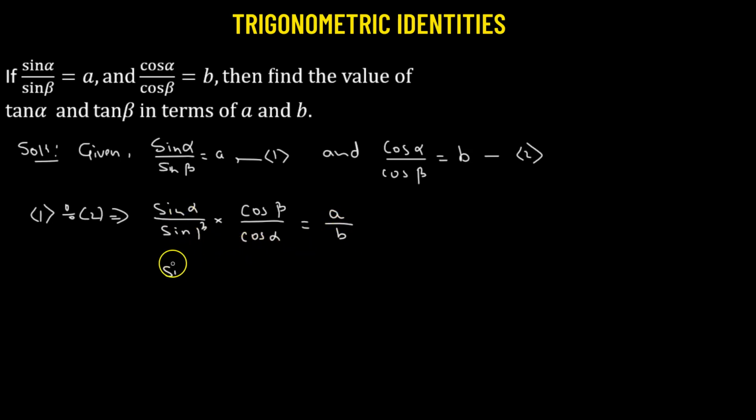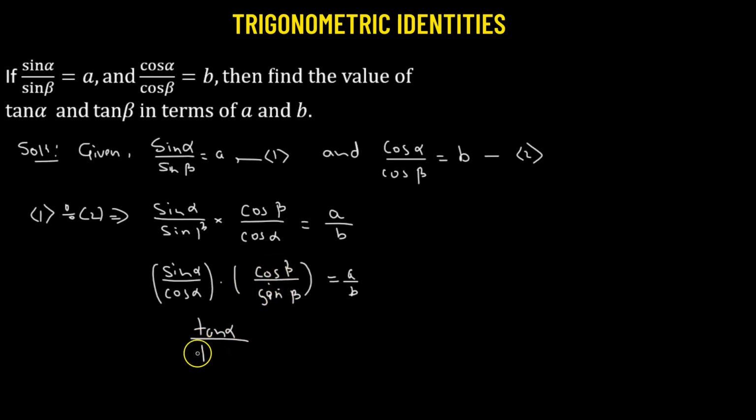So we have sine alpha divided by cosine alpha multiplied by cosine beta divided by sine beta, which will be equal to A over B. The ratio sine over cosine, that's the tangent function. So we have tangent of alpha divided by, cosine of beta over sine of beta, that's a cotangent of beta, but if we take its reciprocal, we have tangent of beta in the denominator. So we've got a new ratio, tangent of alpha over tangent of beta, equal to A over B.